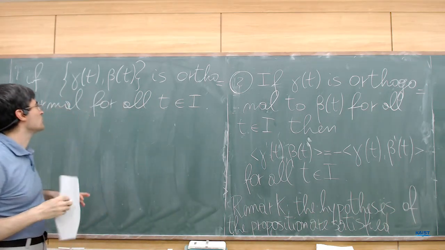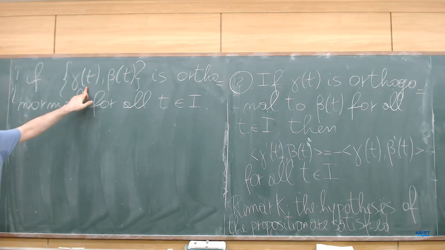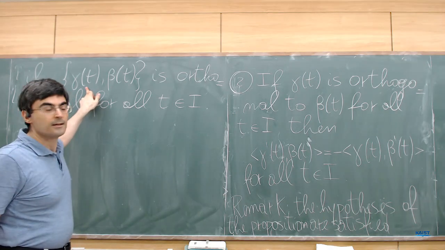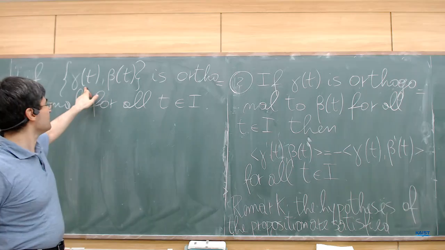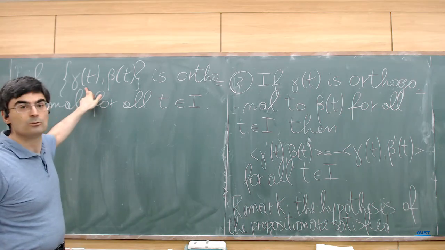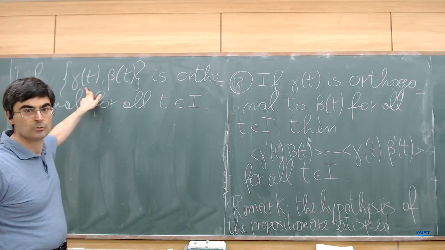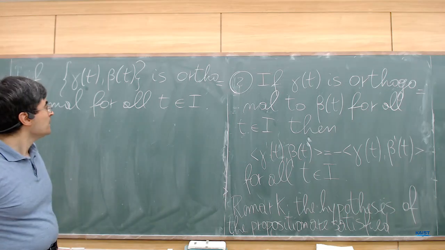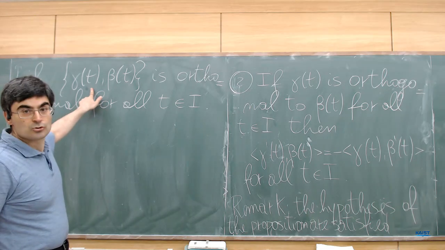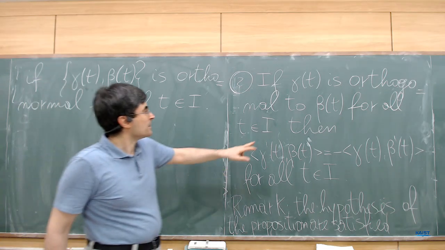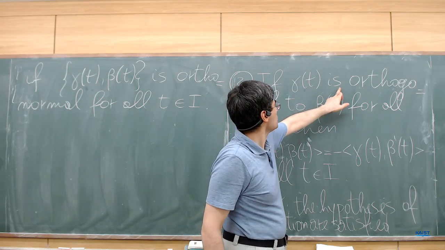Why? Because if this collection is orthonormal, then this means that the length of gamma t is always equal to a constant, precisely is always equal to 1. And it is also true that gamma t is orthogonal to beta t.